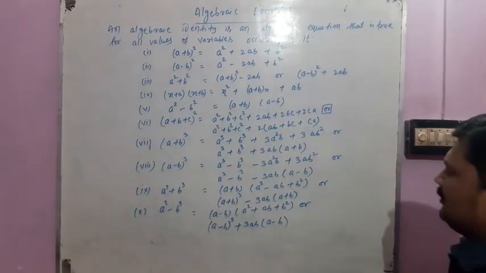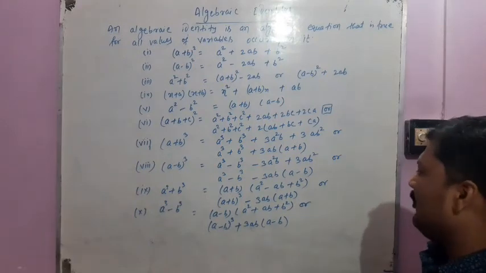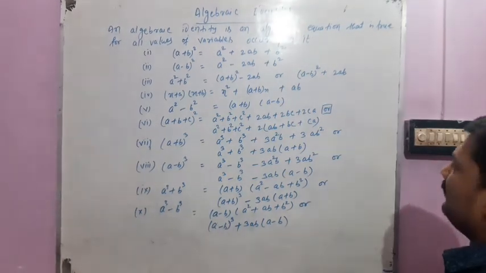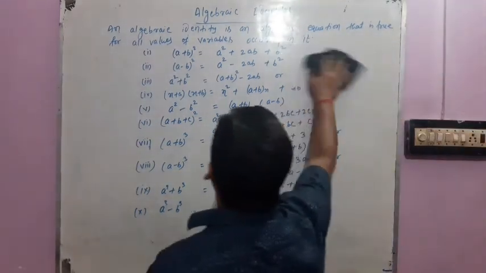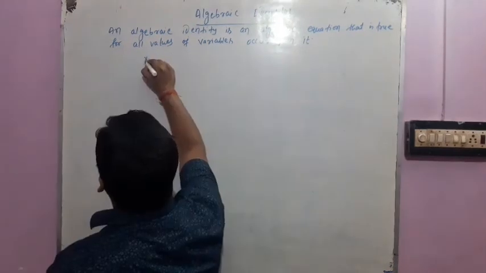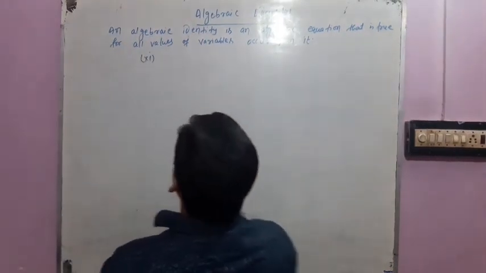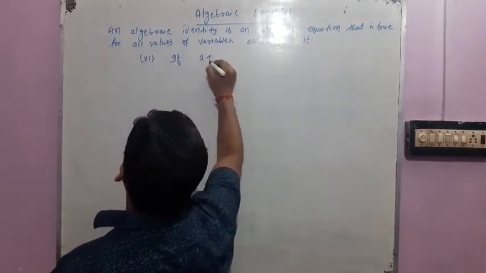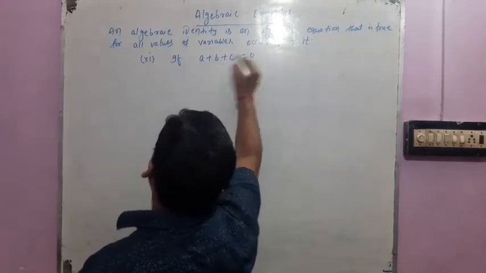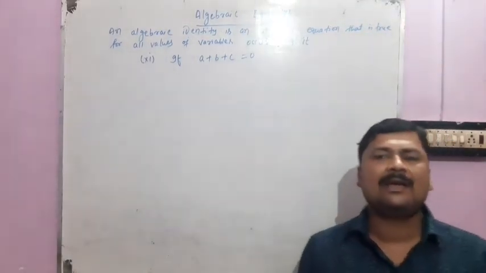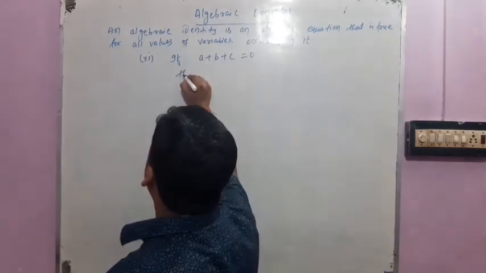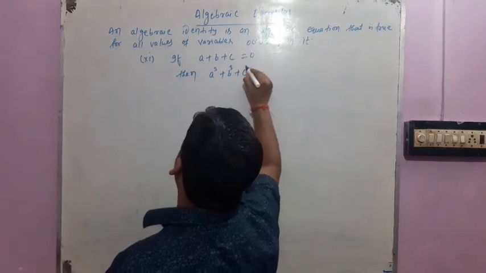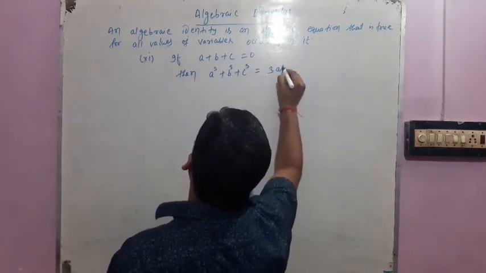Okay students, now the next formula is, but before that we have to learn it. The 11th algebraic identity has a condition: if a plus b plus c is equal to 0, then a cube plus b cube plus c cube is equal to 3abc.